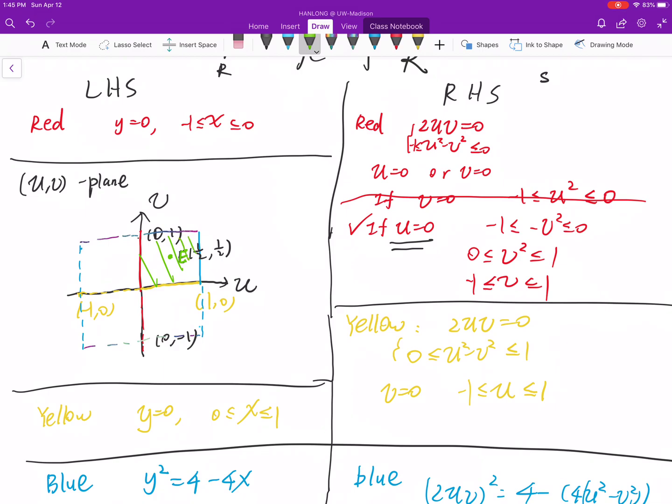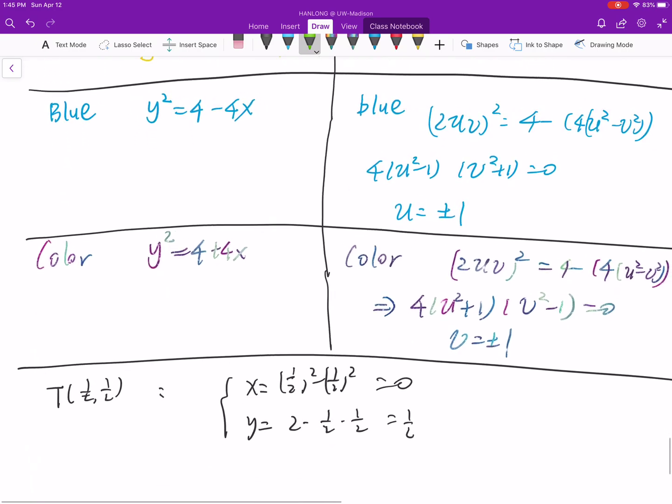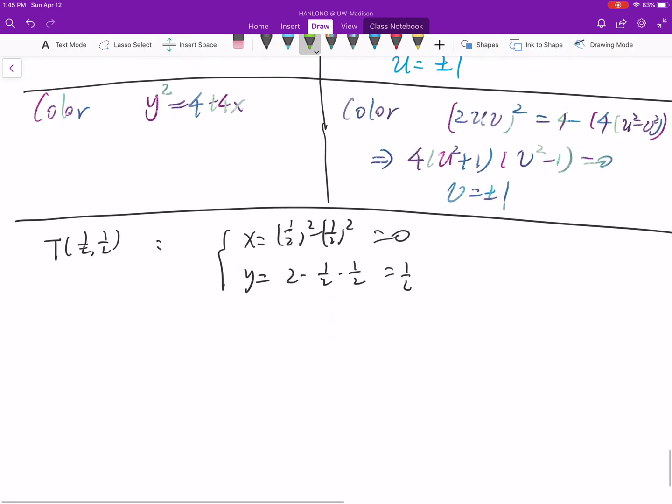Okay, therefore the piece we are going to choose is this one. Because no matter how, you need to connect the red one. You have the red one as a boundary, followed by the yellow one, blue one, colorful one. So you might have a question why we choose a point in the first quadrant. Just a small trick.